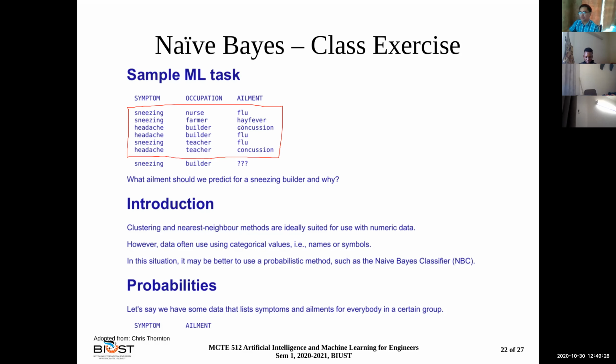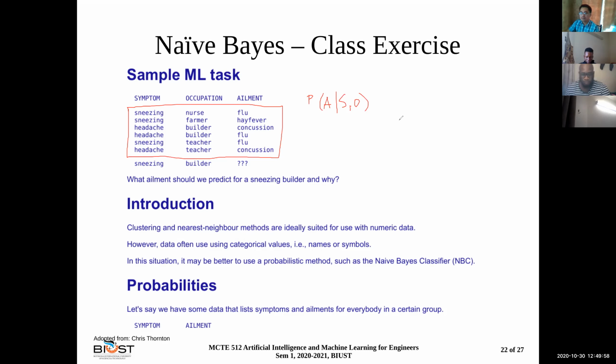So how do we write it? We do naive Bayes, so we start with the Bayes theorem just to be safe. We want to know the ailment A given the symptom and the occupation.